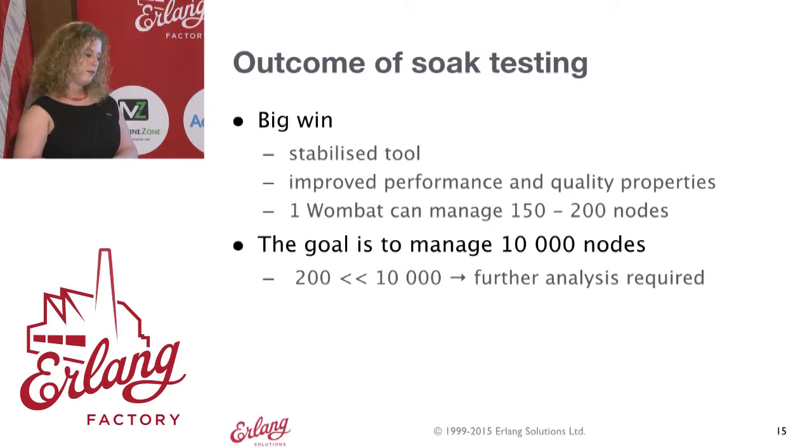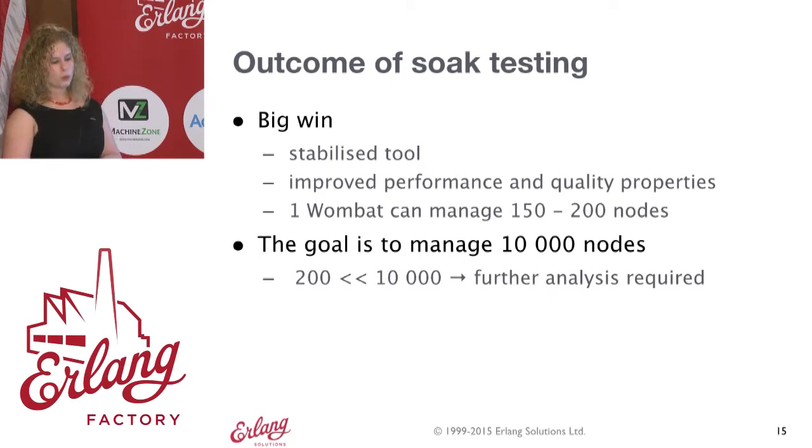Okay, so the outcome of the soak testing was a big win. We stabilized the tool, we improved its performance, reliability, and responsiveness. We increased its capacity, that is, how many nodes can be monitored by one Wombat.